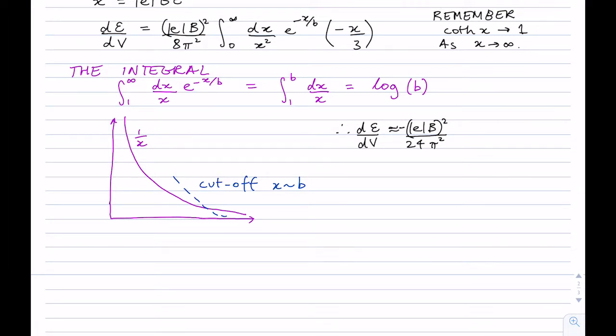And it should have this log of eB over m squared, or minus m squared over, sorry, that should be m to the 4. Minus m to the 4 over 24 pi squared b squared log b.